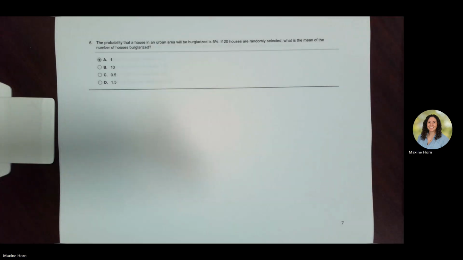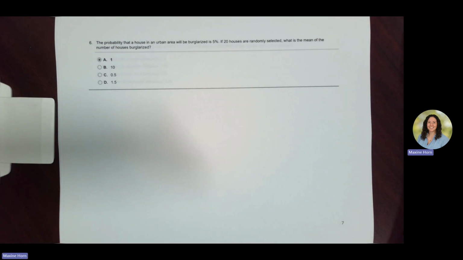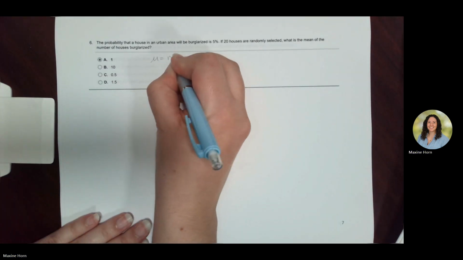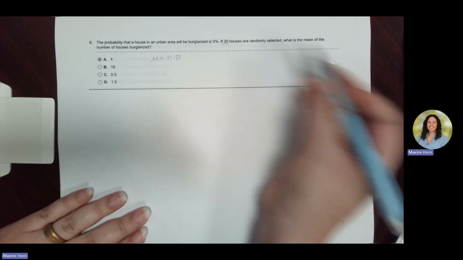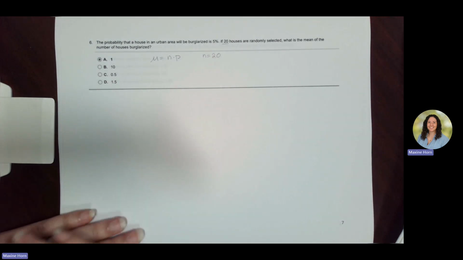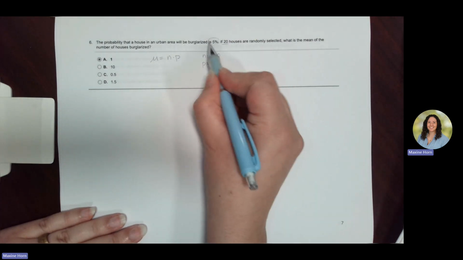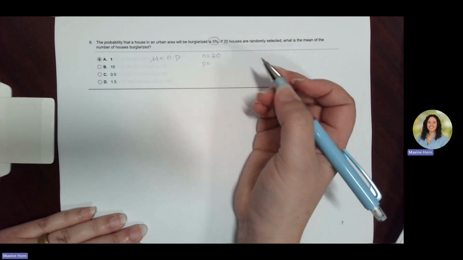So let's start labeling things here, okay? We have, first of all, let me write out the formula. So we have 20 houses, that's our n, okay? Then we have a p of 5%. So we need to change from percent to decimal.